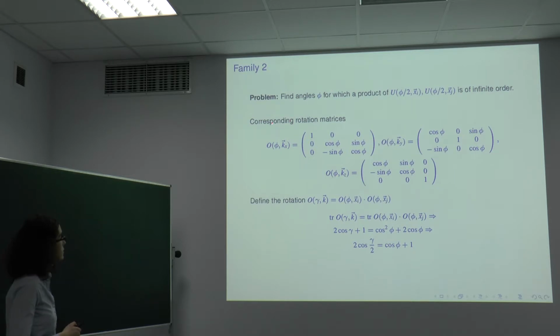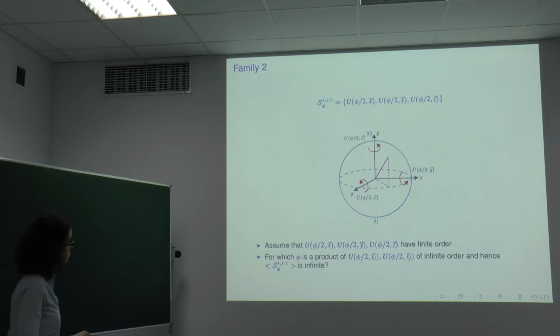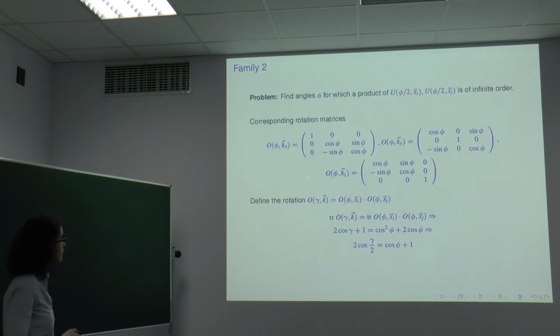So let us again write down the rotation matrices corresponding to these gates. Again, define the rotation which is a product of two arbitrary rotations. There's no difference between them. The only condition is that the axes x_i and x_j must, of course, be different. And let us again write the trace equality.